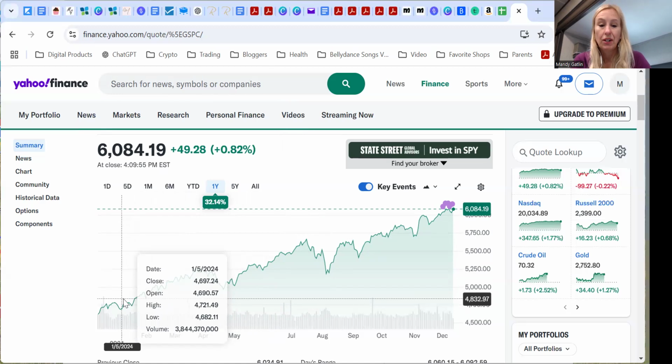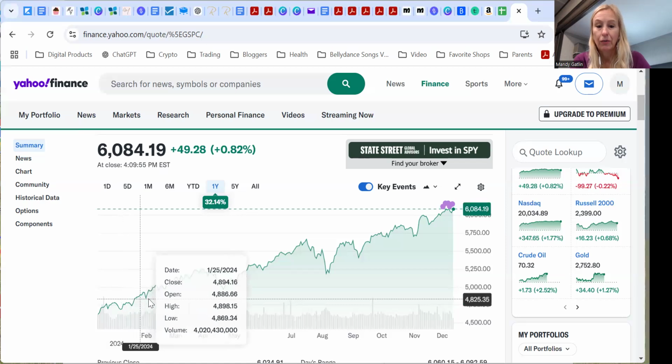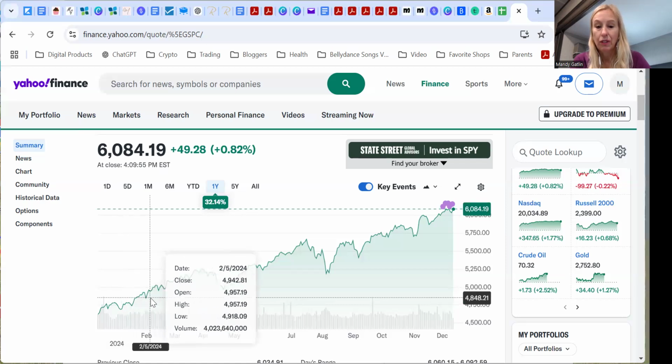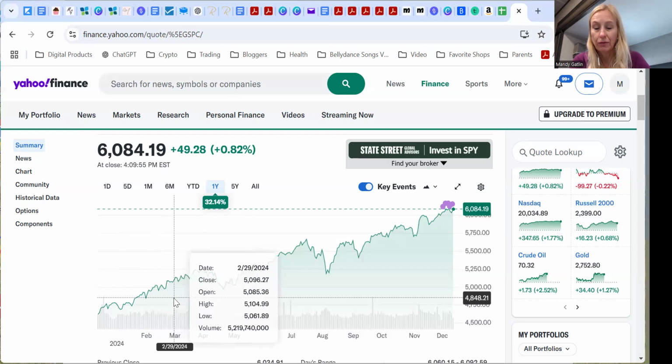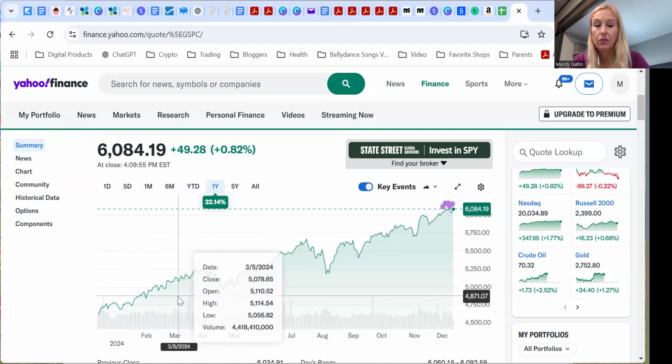So you can see here that it closed at 46.97 on the 5th of January. If we scroll to the 5th of February, it was at 49.42. Now, if we scroll to March 5th, 50.78. Now, do you see the price is continually popping up over time?